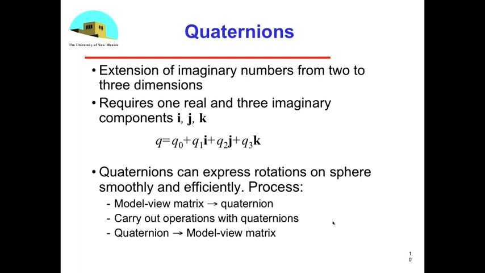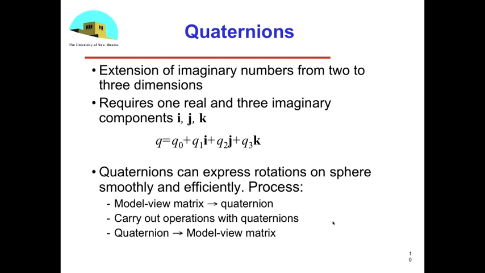But just to finish up this lecture, one way to look at a quaternion is as an extension of imaginary numbers from 2 to 3 dimensions, and it was a problem that concerned mathematicians for a long time, because when you go from 2-dimensional problems to 3-dimensional problems, you need 3 imaginary components, not 2.